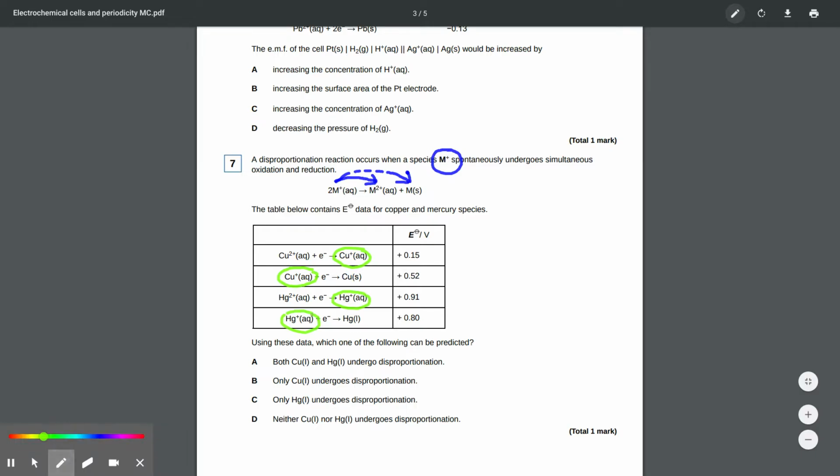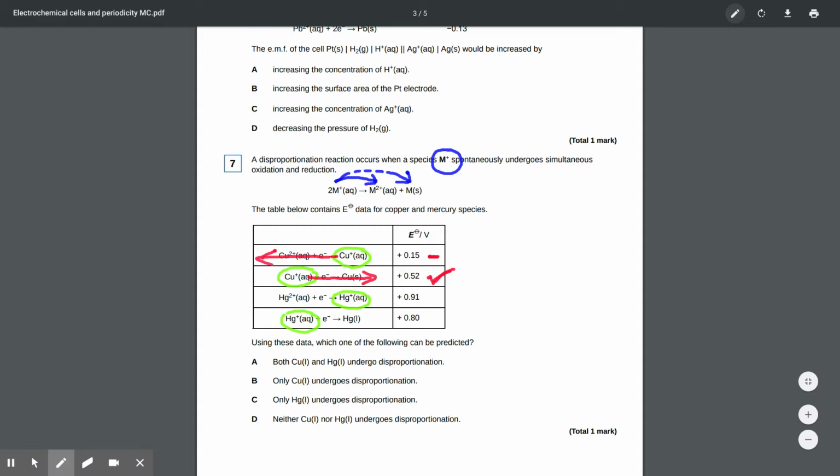Now, if we look at each one separately, what we need to have is a situation whereby the more positive voltage of the two reactions, so we'll look at copper first, and this is the more positive one, which means that copper 1 plus is going to generate copper 0 at the expense of the more negative voltage here, or least positive in this situation, at the expense of the copper 1 plus reaction going backwards. So for this one, it is positive.